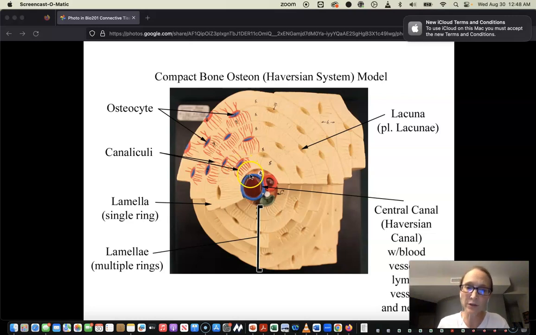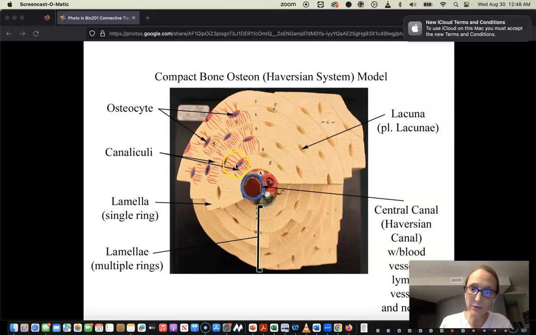Here you can see they drew in the canaliculi, and here's canaliculi as well. You can see the grooves or the canals where those cellular extensions would run. So those are the canaliculi. Again, nutrients would move from this canaliculi.